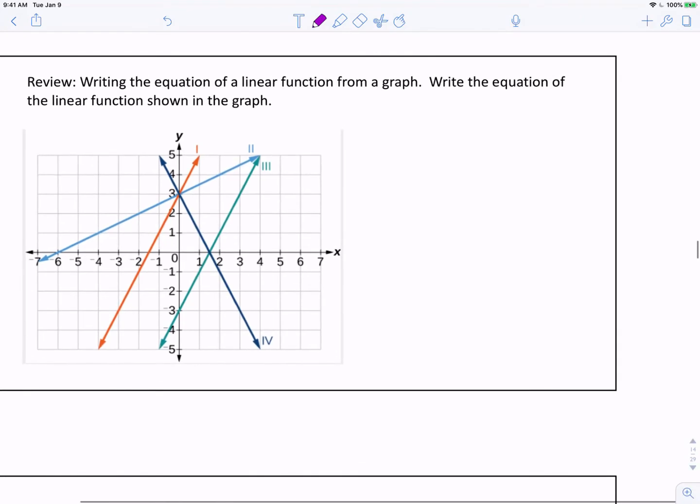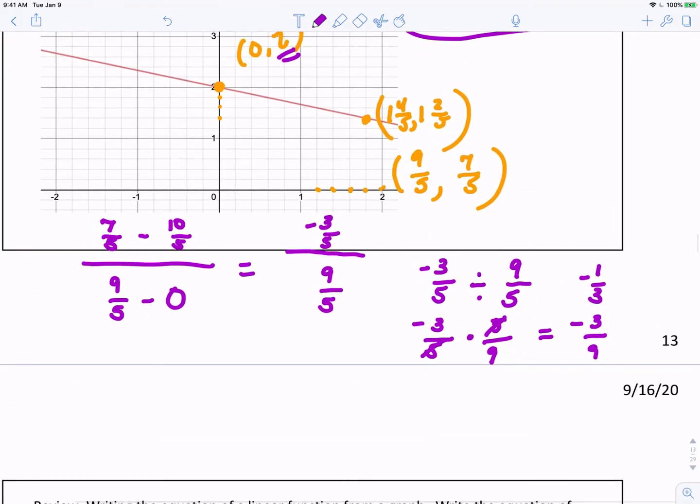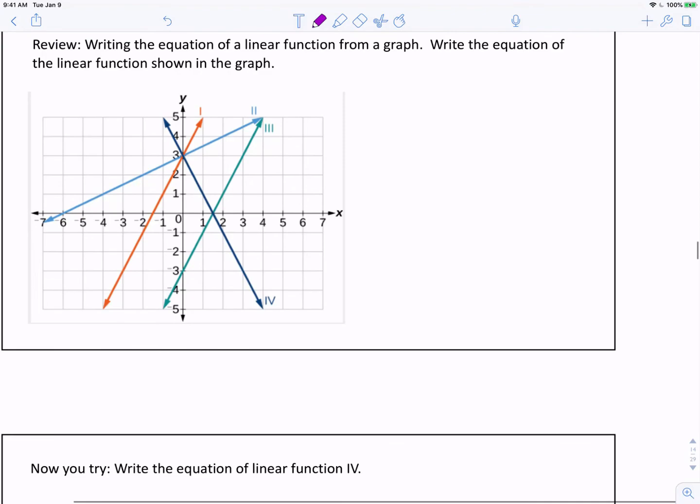And finally, let's just review writing the equations of linear functions from a graph. We'll write the equation of the linear function shown in the graph. Let's not do all of them. Let's just do maybe one of them. All right, so let's pick one. Let's do this orange line right here.